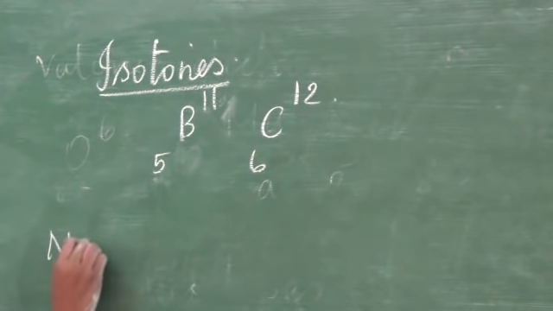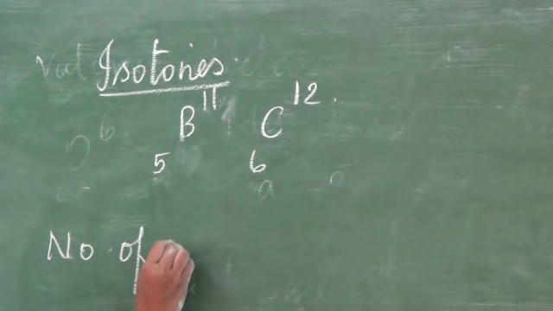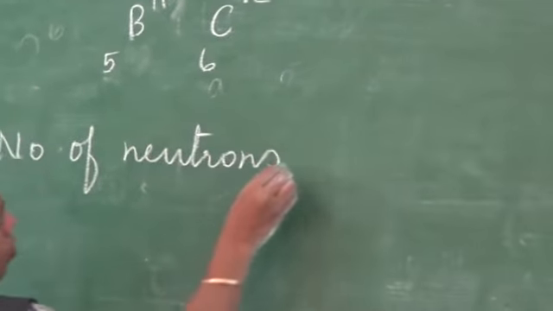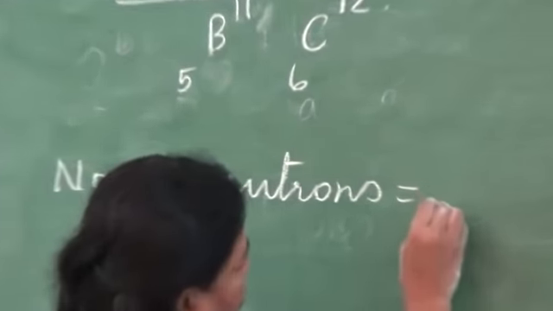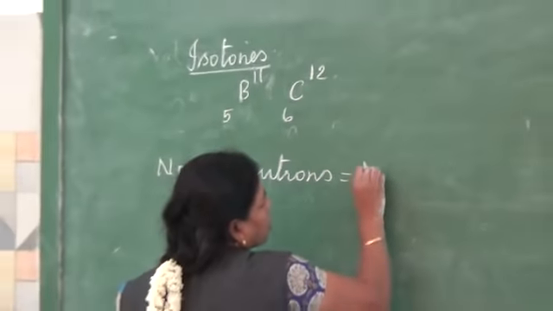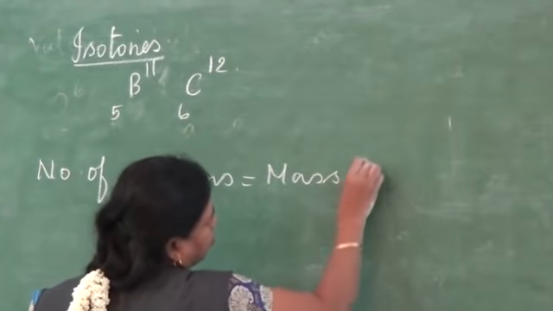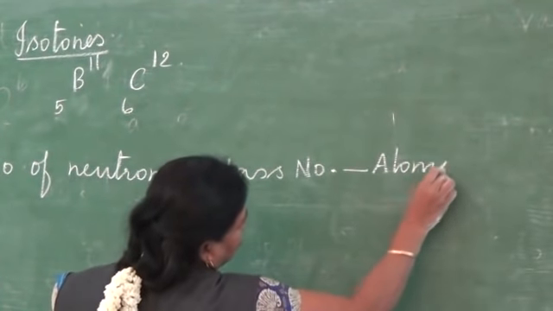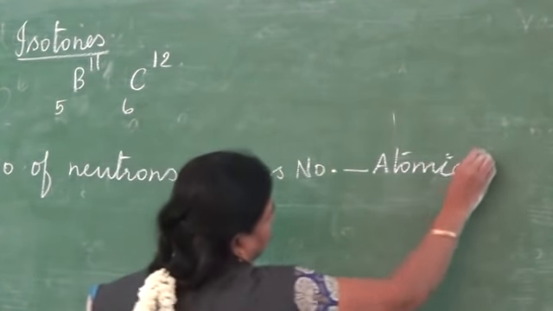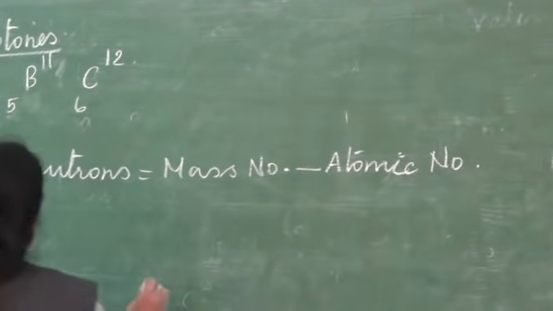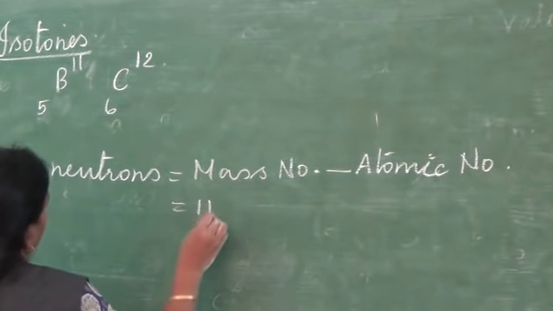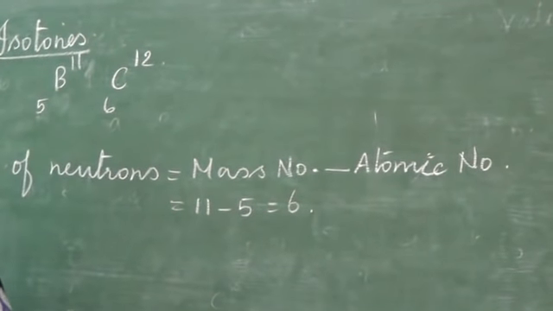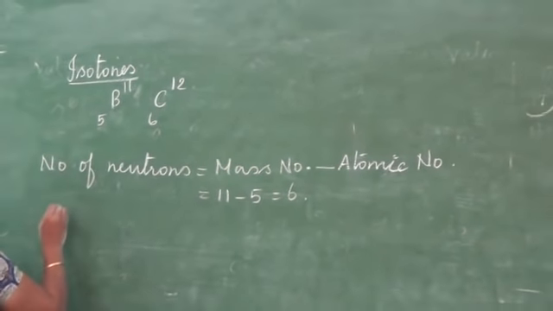Look at the number of neutrons possessed by the boron atom. For finding the number of neutrons, what is the formula? Mass number minus atomic number. The mass number of boron is 11 and the atomic number of boron is 5. Therefore, 11 minus 5, 6 neutrons. This is for the case of boron.